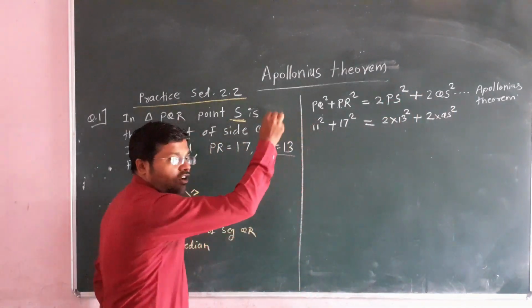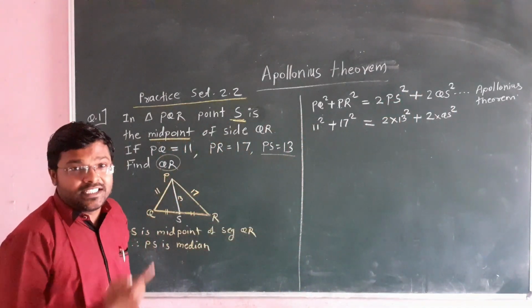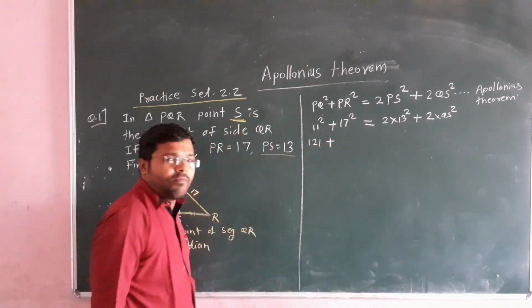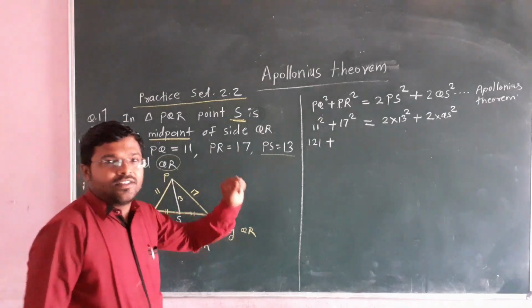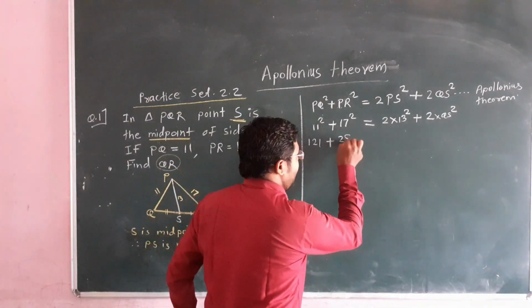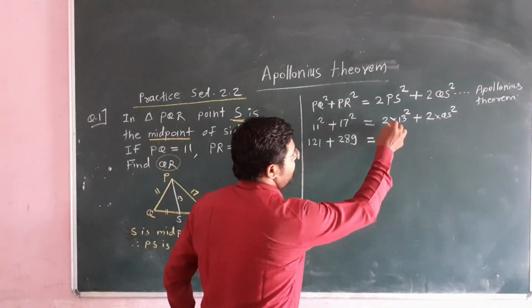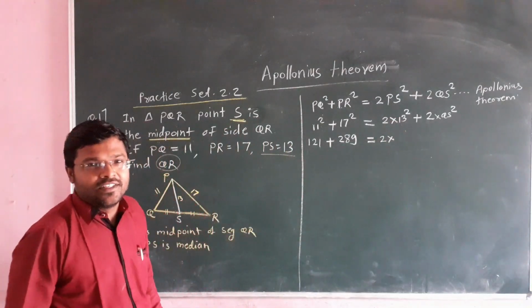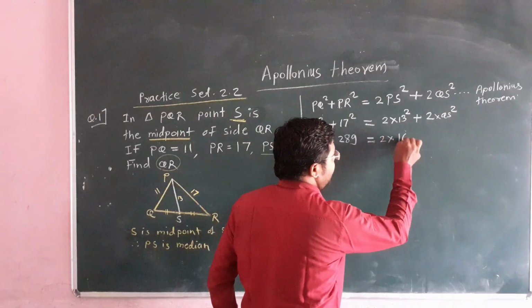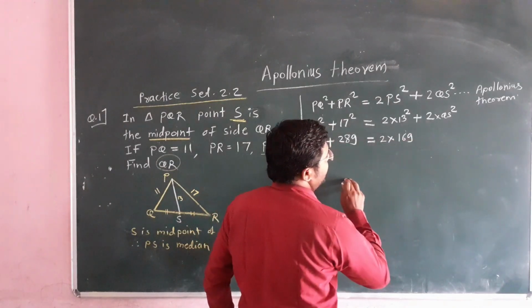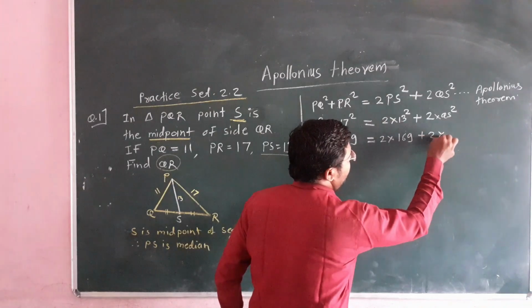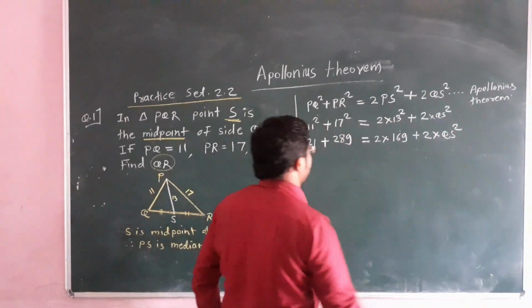Now square of 11 is 121, plus square of 17 is 289, is equal to 2 into square of 13, which is 169, plus 2 into QS square.